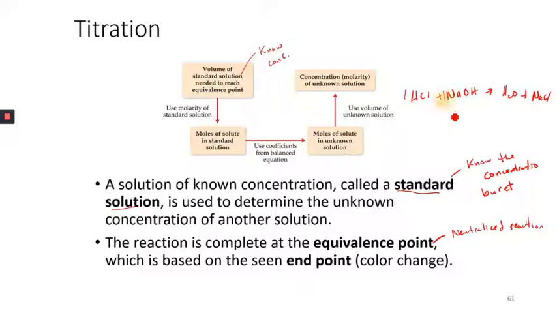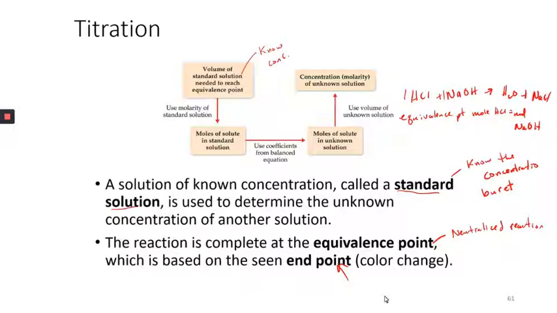Because the mole ratio is 1 to 1 here, your equivalence point is when your moles of HCl equals your moles of NaOH. Now, if you have a different acid and a different base where your mole ratio is not 1 to 1, then your moles will just equal the mole ratio. The end point is when you get a color change in your solution.